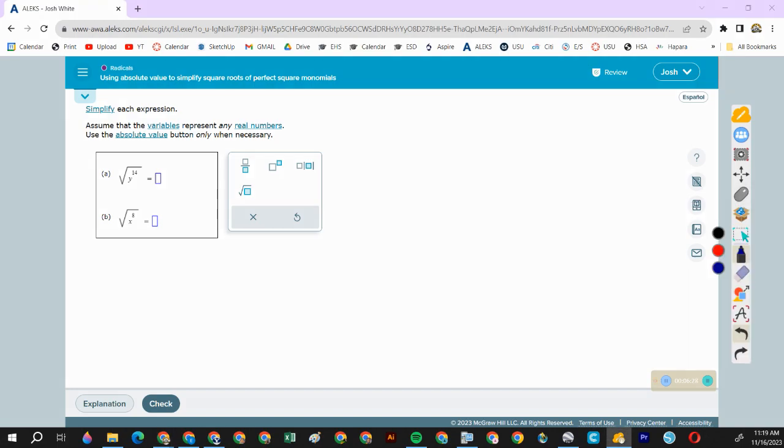All right. Square root y to the 14th, we get y to the 7th. Square root x to the 8th, and we just get x to the 4th. That was really easy. Oh, this one's being tricky. Okay. So, what if y is a positive number?